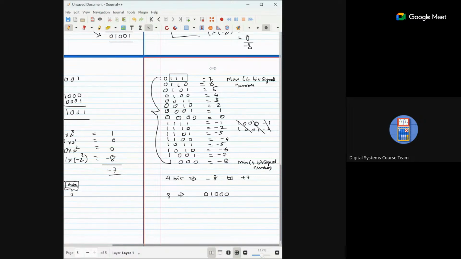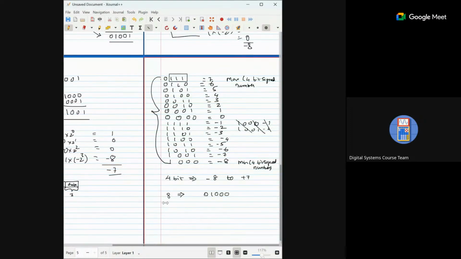The maximum number is plus 7 and the minimum number is minus 8. If I ask for a number outside this range, I can't accommodate it in 4 bits, so I have to go with 5 bits.